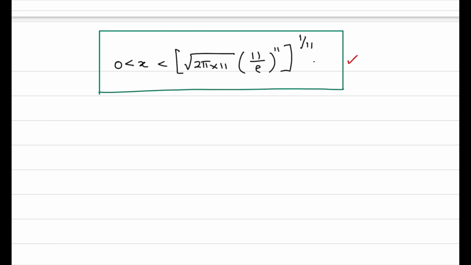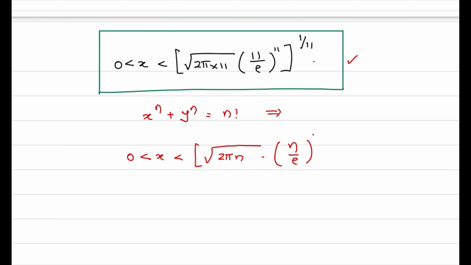If 11 is not given, it is given as n. Let us say general equation x to the power of n plus y to the power of n is equal to factorial n. Then the solution will be for a positive real number 0 less than x less than square root of 2 pi n into n by e to the power of n whole to the power of 1 by n. This is one method.